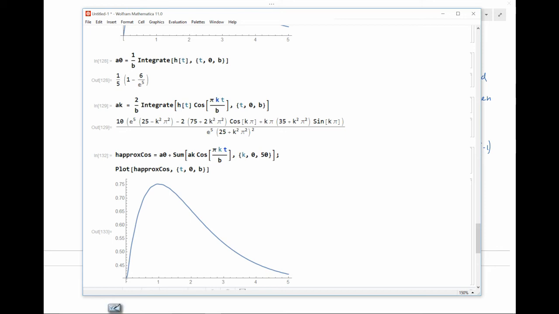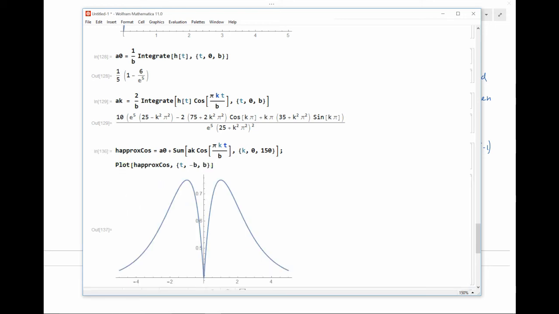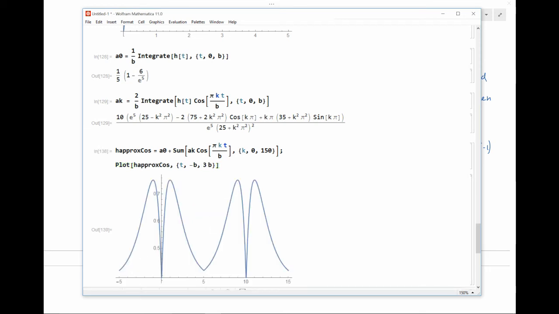It's a lot better, and this is almost indistinguishable. Let's look what happens outside of the interval. As you can see, the function is just a mirror image of itself. So if I plot from minus b to 3b, then I will see that it's just two of those. So it seems like the function is being flipped around. Then it's treated like a periodic function that has a period from minus b to b. So this is now a 2b periodic copy that is being repeated every 2b interval.